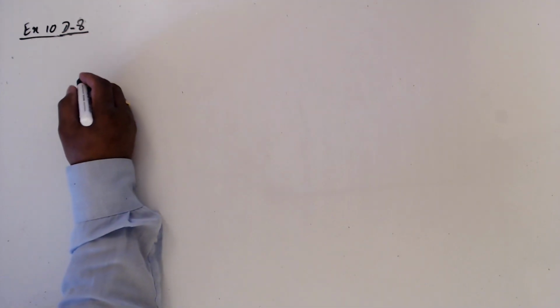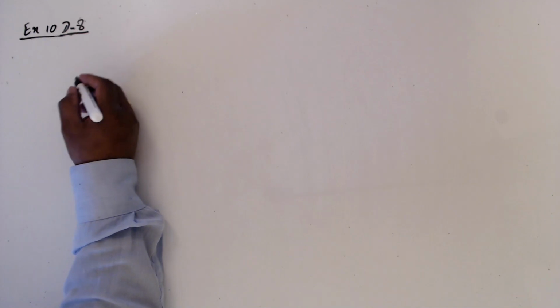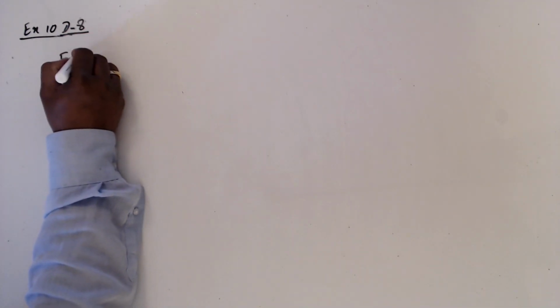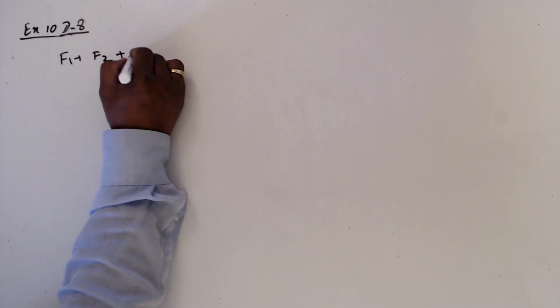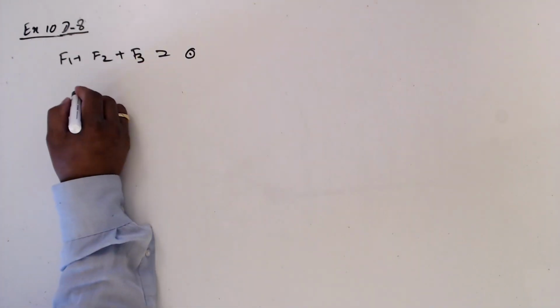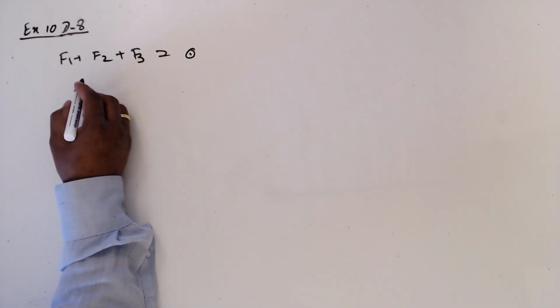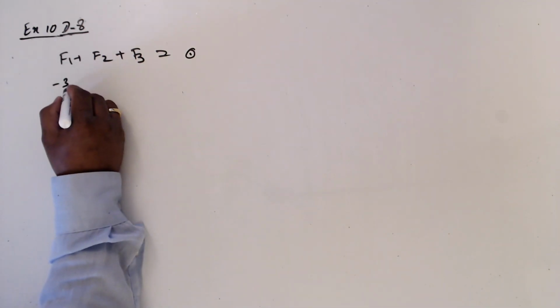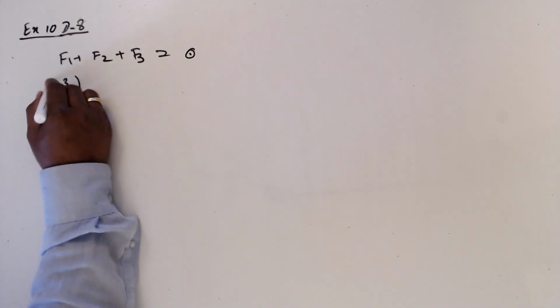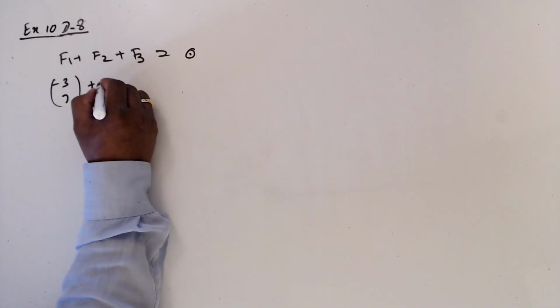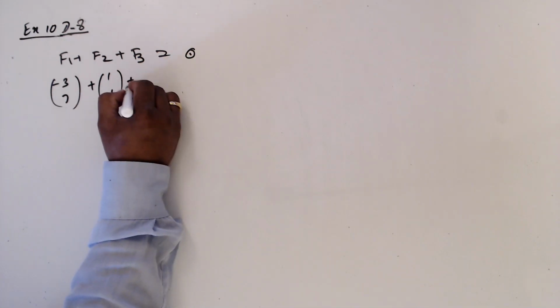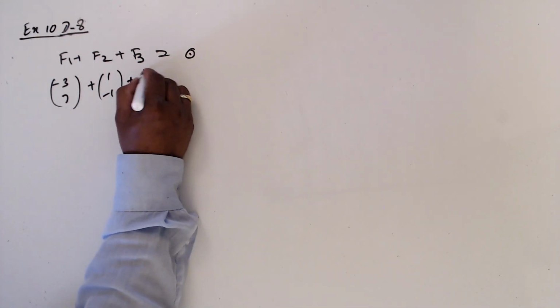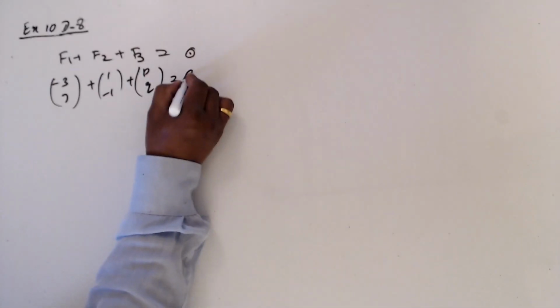Question number 8. Three forces in equilibrium. So F1 plus F2 plus F3, when you add, equals 0. F1 is (minus 3, 7), F2 is (1, minus 1), and F3 is (P, Q), equals 0.